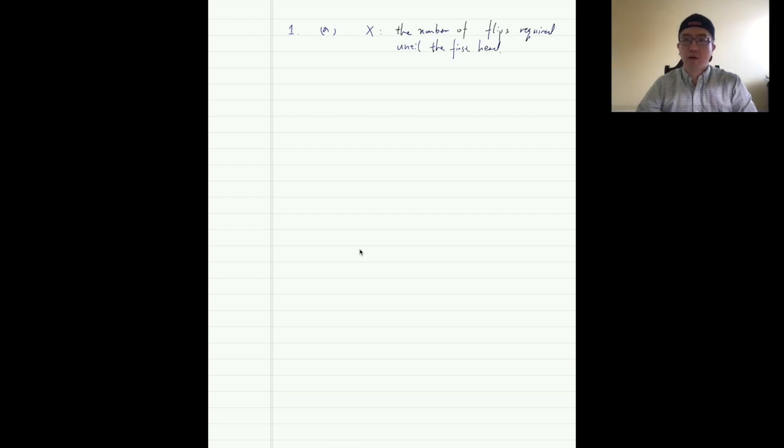For part A, we have a random variable X, the number of flips required until the first head. For example, if the probability that X is 1, it means that the first one is head.